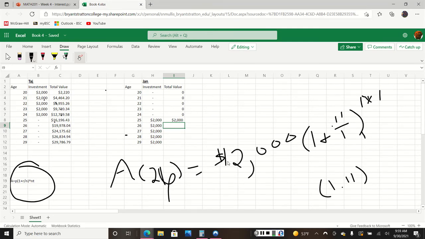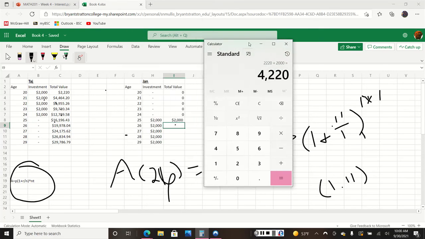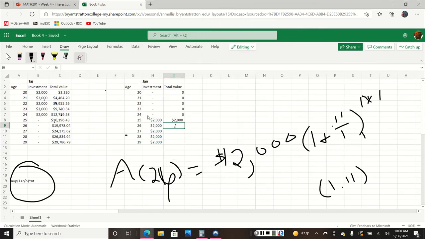And then we're just going to multiply 2,000 times 1.11, which gives us $2,220. But we need to add on that other investment of $2,000. So plus $2,000, and that gives us $4,220.